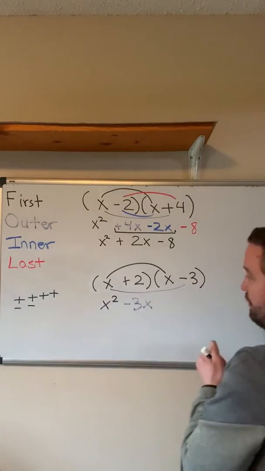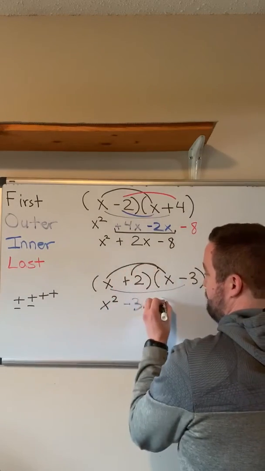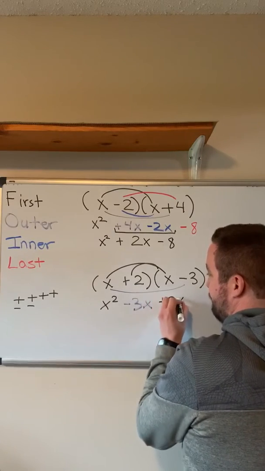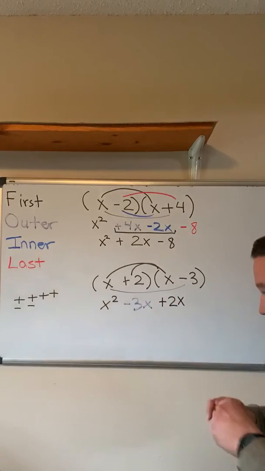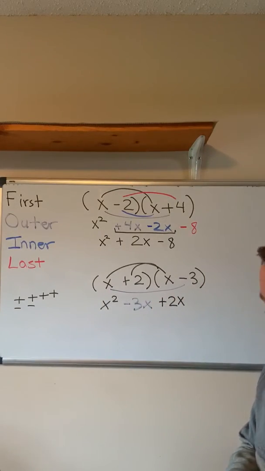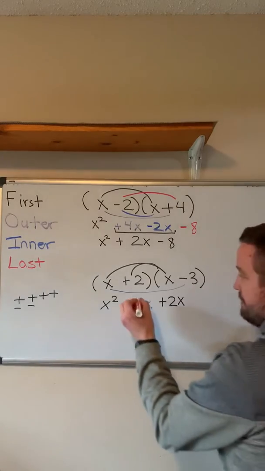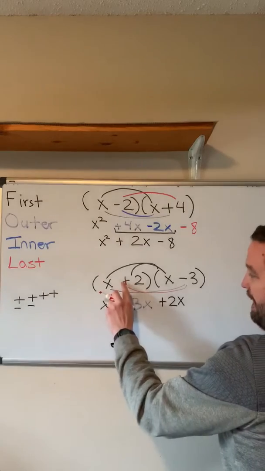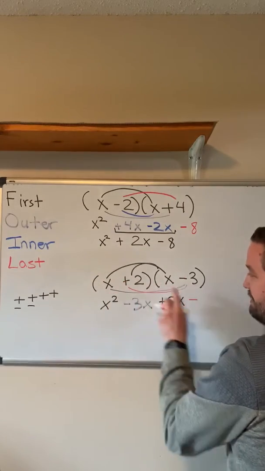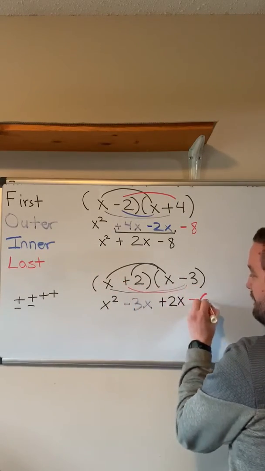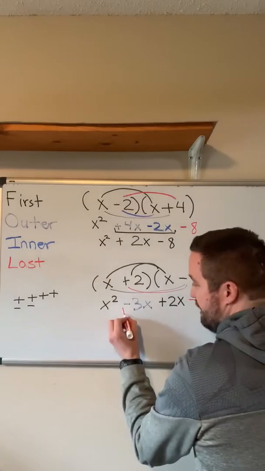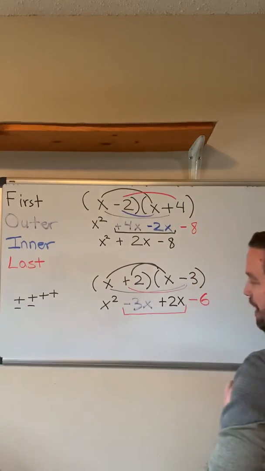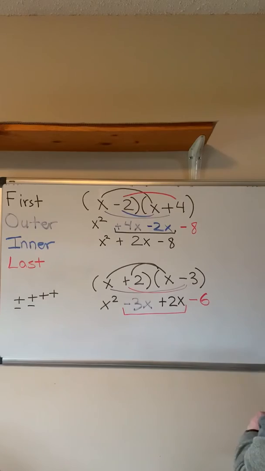My inside terms is 2 times x. That's a positive 2x. And then my last terms, I've got a positive 2 and a negative 3. A positive times a negative is a negative, and 2 times 3 is 6. And once again, I know I'm on the right track because I've got like terms in the middle.